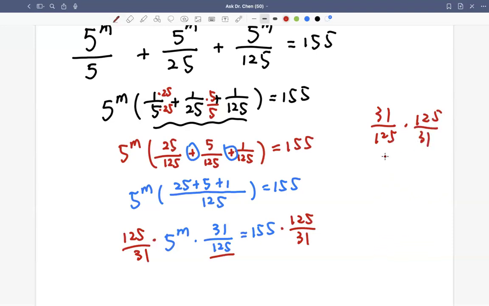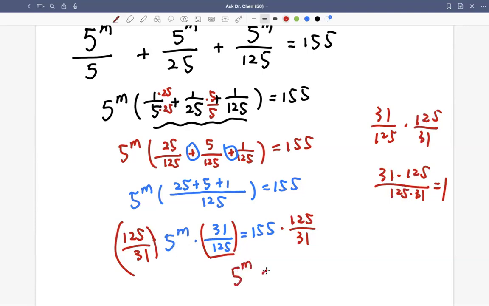When we multiply fraction by fraction, we multiply numerator with numerator, denominator with denominator. We see they're the same. So that equals 1, right? So this term multiplied by this term equals 1. 1 times 5 raised by m is 5 raised by m.